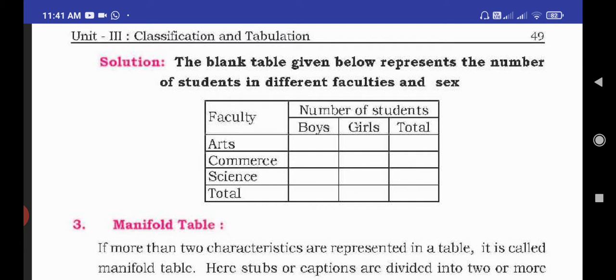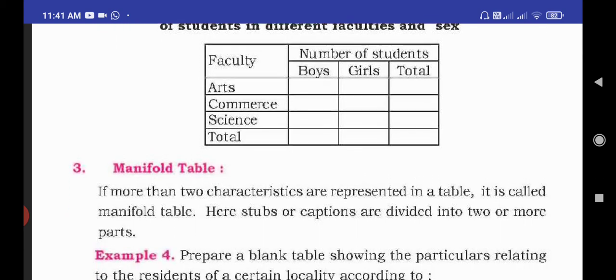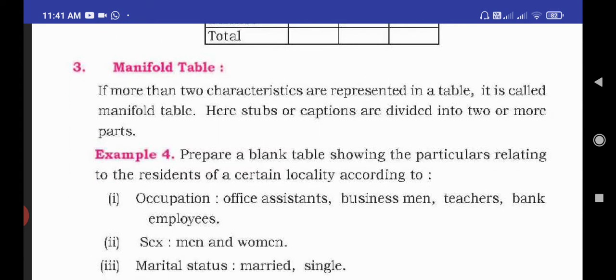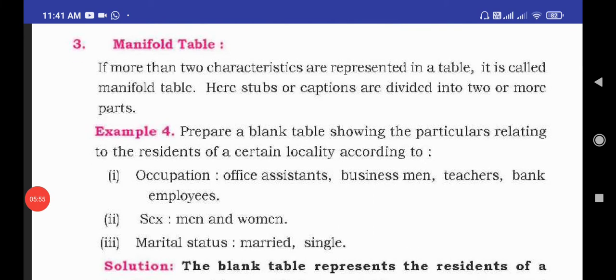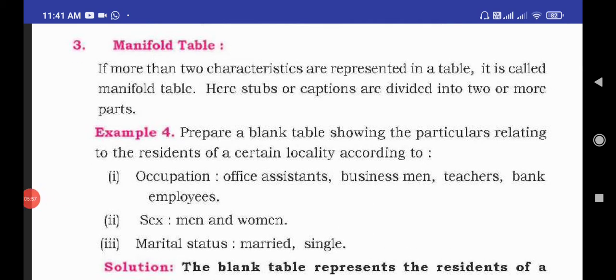Okay students, the next and final type is the manifold table. It is the last type of table. A manifold table means more than two characteristics are represented in a table.